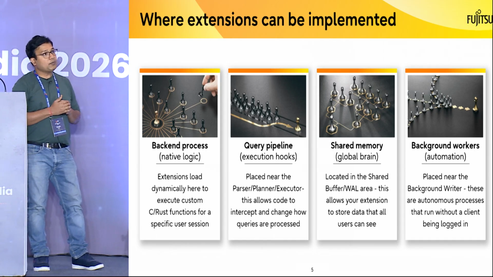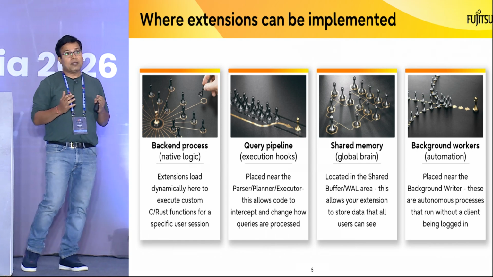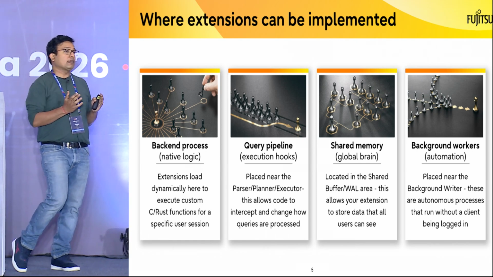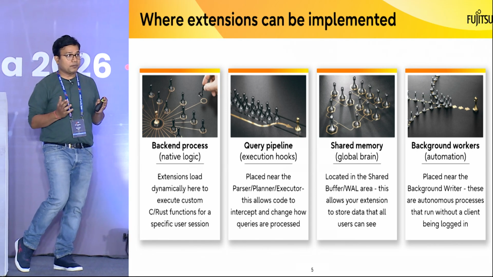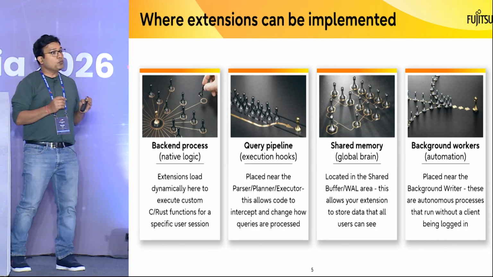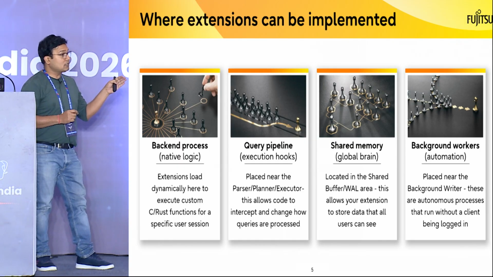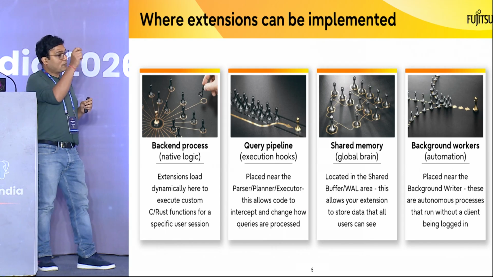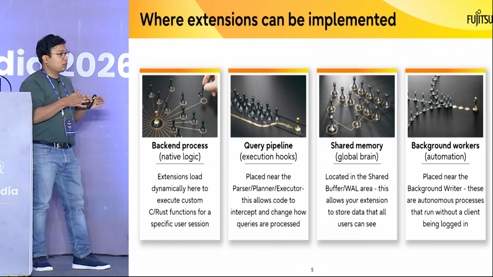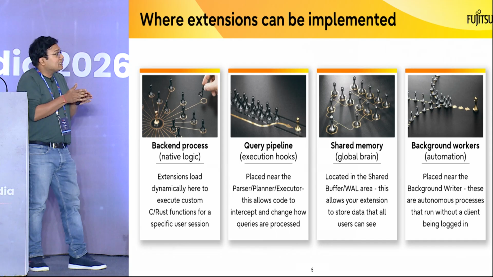Similarly, if your extension needs to do some monitoring, some cleanup or some aggregation, you can have your extension implement background workers, which sit near the writer process, one of the stars I showed previously. So it can sit near that place.